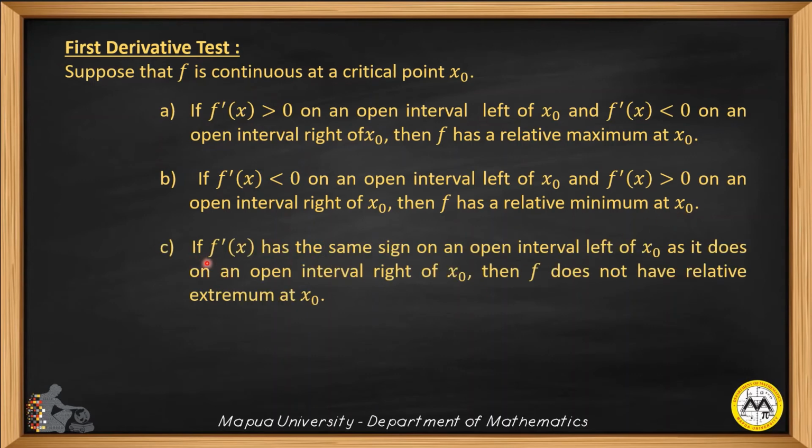However, if f prime of x has the same sign to the left and to the right of x sub 0, then f does not have a relative extremum at x sub 0.